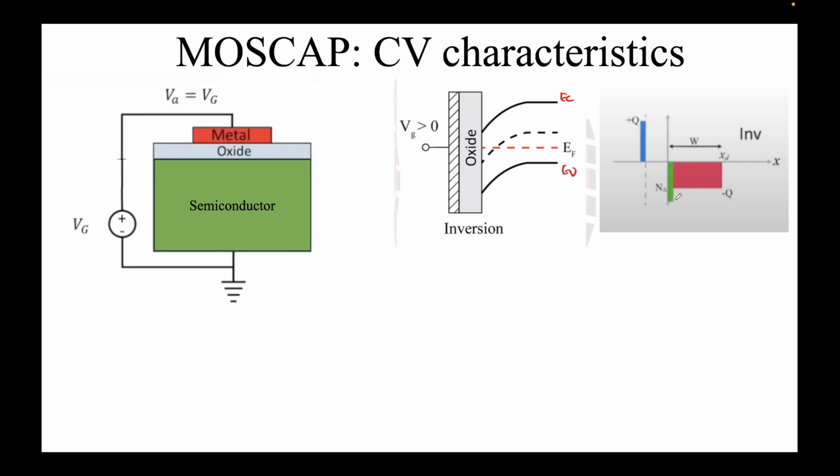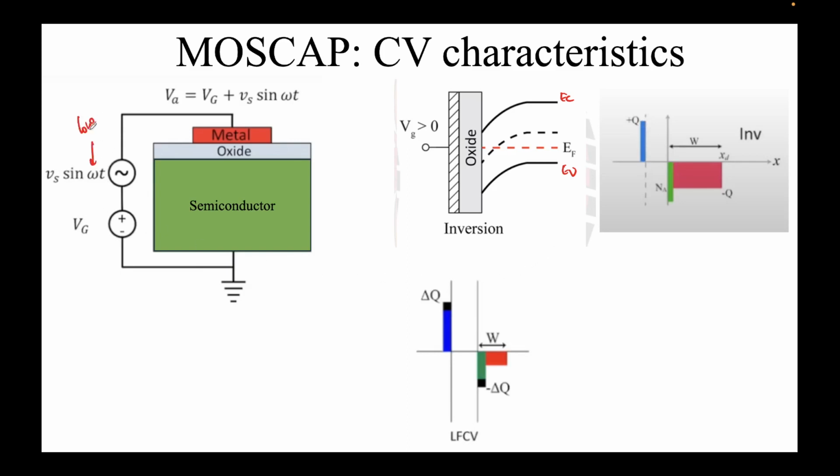So how will it look? When you apply some small voltage Vs, how will the additional charge get distributed over here? If the frequency omega is low, the electrons will get sufficient time and they'll accumulate at the interface.